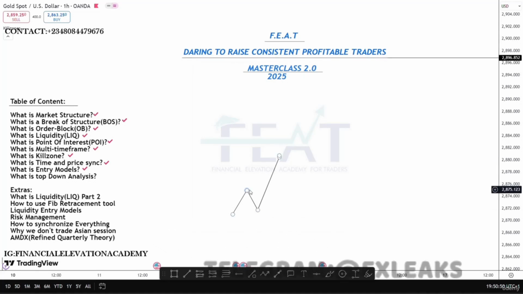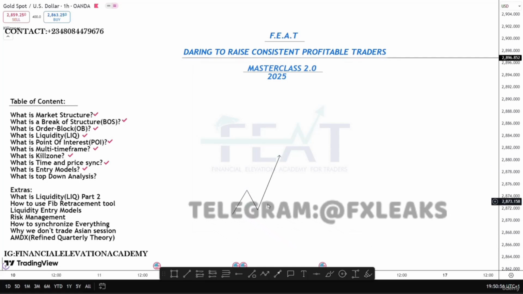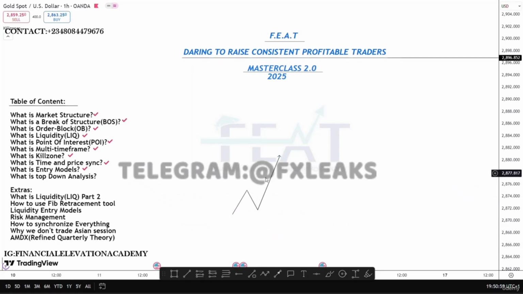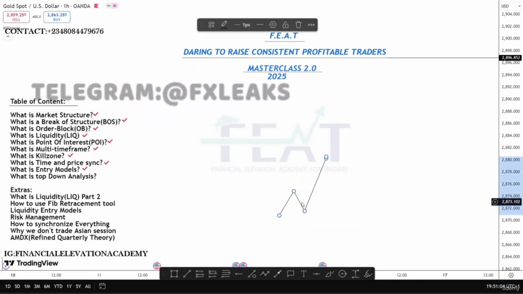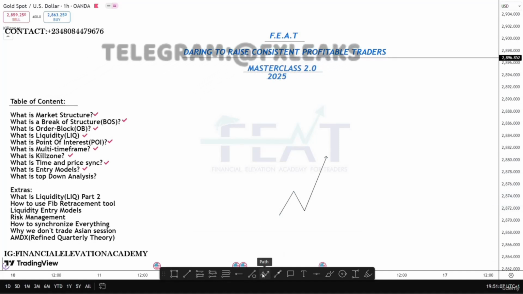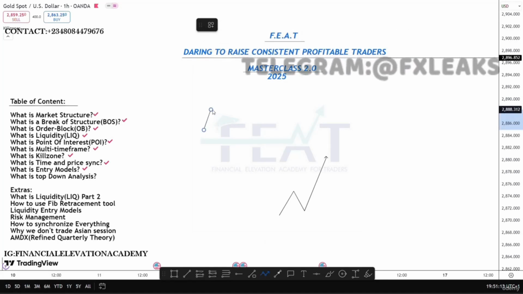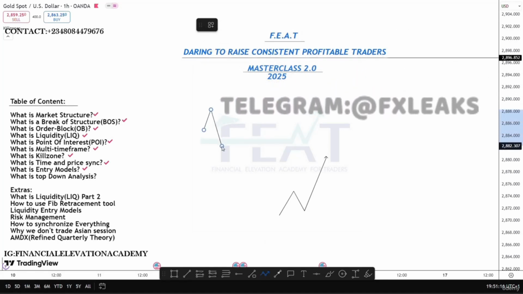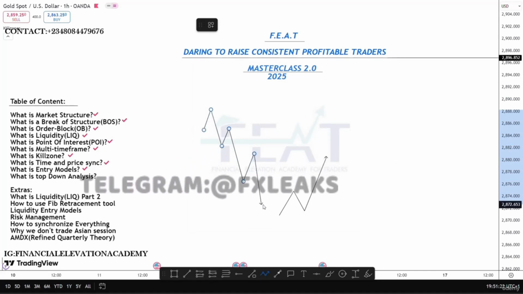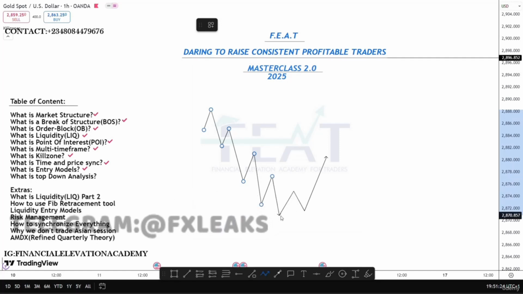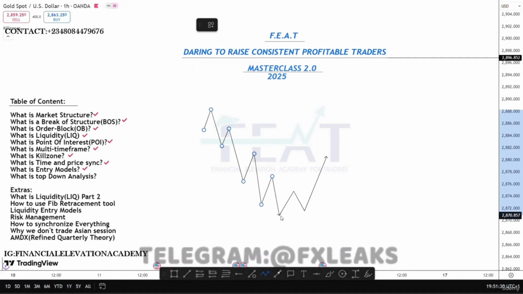Now, let's say this is the current month, and the current month is looking like this. Okay, I'm trying not to use gold. Let's say price is coming from a bearish break of structure on the monthly, and there's something like this.